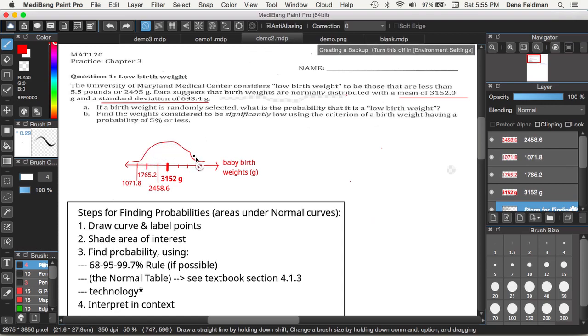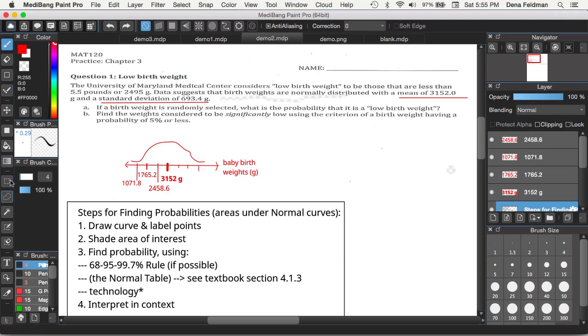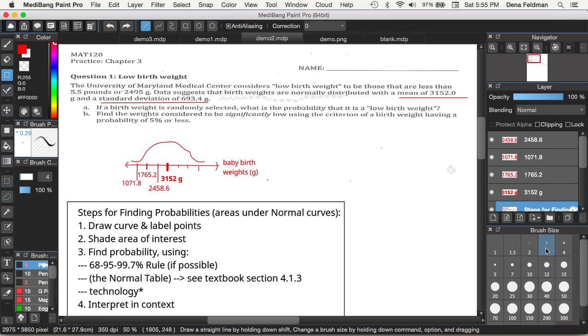Again, I use the fact that the mean, I'm told that the mean is this many kilograms and the standard deviation is this many grams. So using that knowledge, I say to myself, okay, all the baby birth weights in a histogram, here would be the center, the mean.